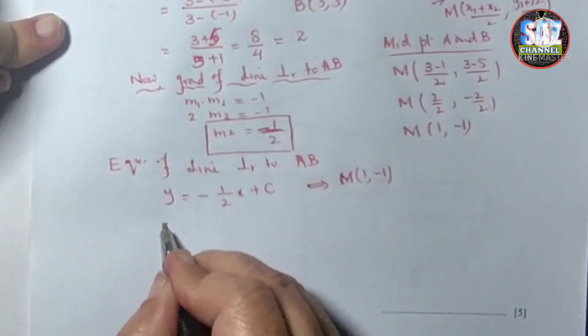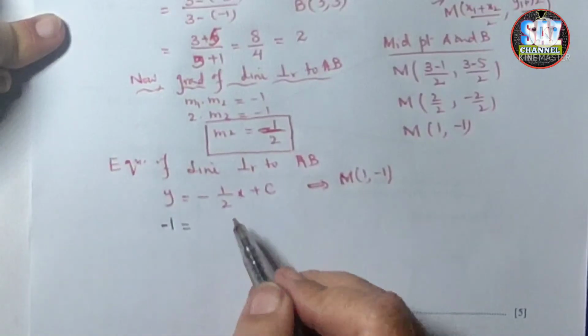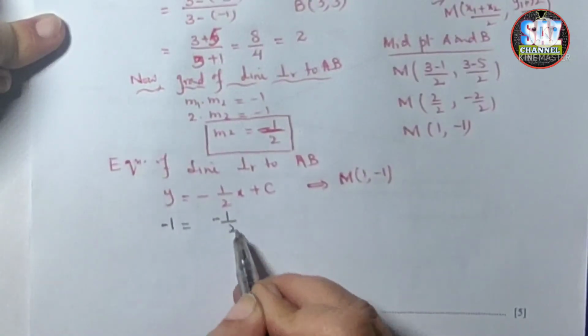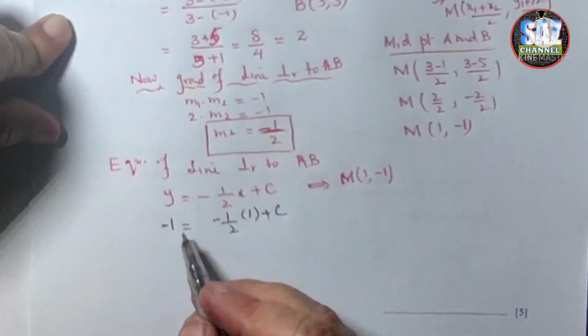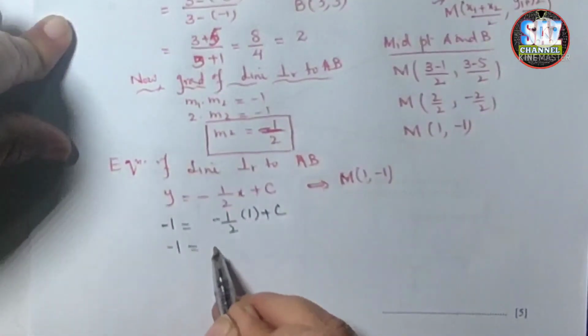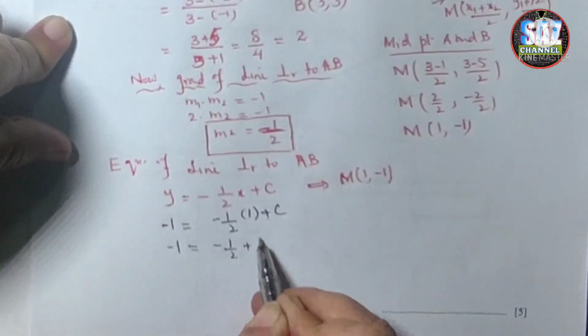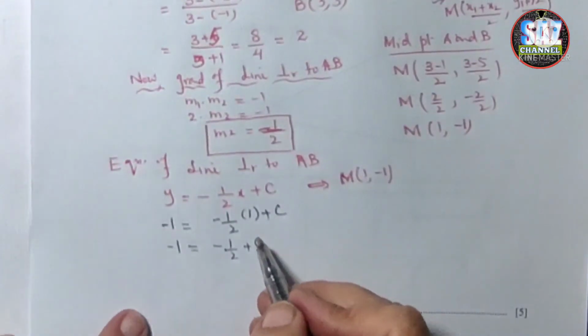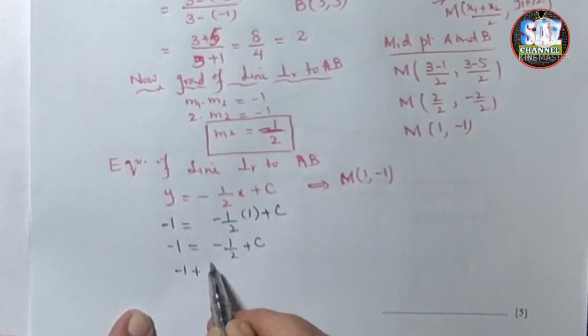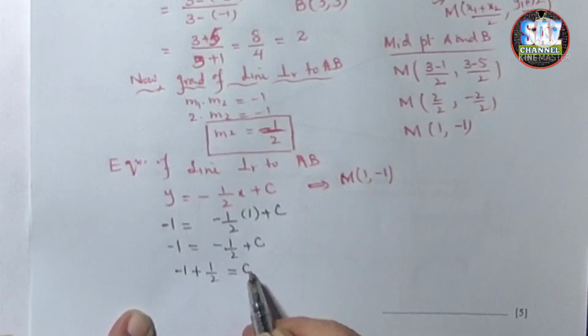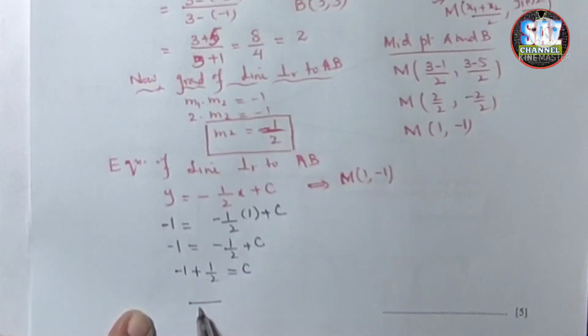Y value is -1 equals minus 1 by 2, and x is 1, plus c, and this gives me c. Shift -1 by 2 to the other side, plus 1 by 2 equals c, or take the LCM, 2 minus 2 plus 1 equals c, and c equals 1 by 2.